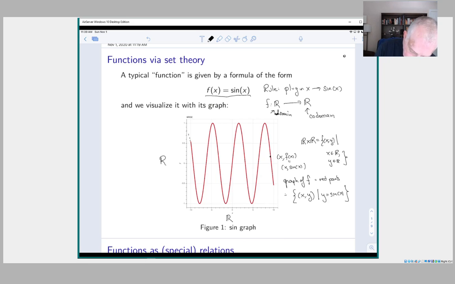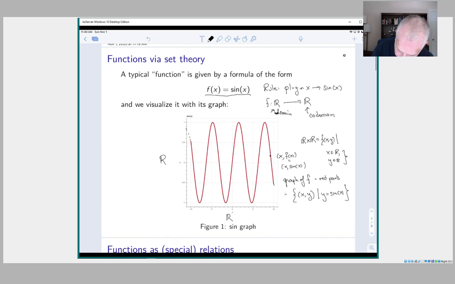I sort of ran out of steam here, but in principle, this goes on, as do the x and y axes, to cover all of the real numbers. And so what we see from this picture is that the graph of a function is a subset of the Cartesian product of the domain with the codomain. And it's the subset given by points of the form x, f of x.